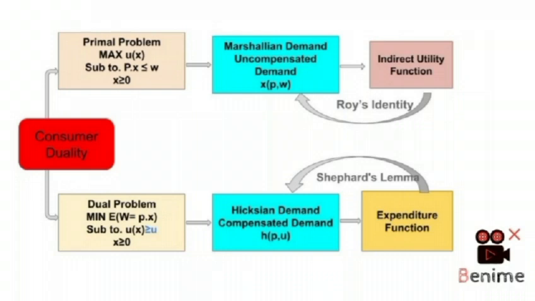The interesting fact is that we can directly derive the Marshallian demand for good X from the indirect utility function by using Roy's identity formula. In the same manner, if we use Shephard's lemma, we can directly derive the Hicksian demand from the expenditure function. So this is the overall scenario of the consumer's duality.